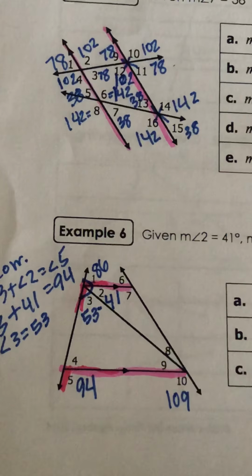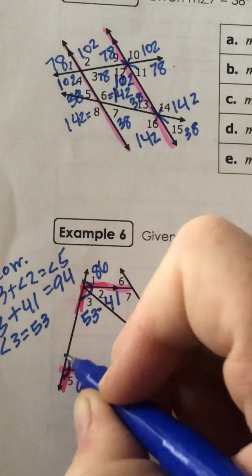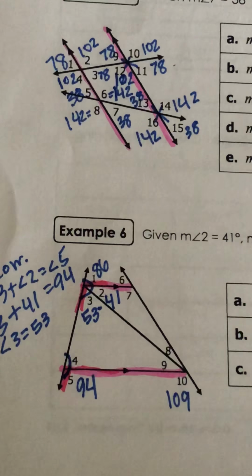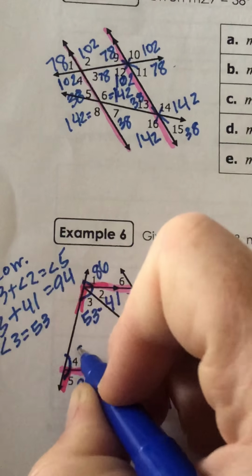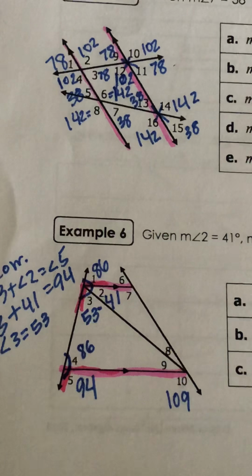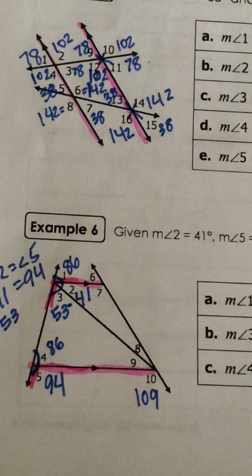There we go, good. And then, what could we possibly do next? Okay, angle 4 and 5, those also make up a line. So 180 minus 94 is 86 for angle 4 too. All right, cool.